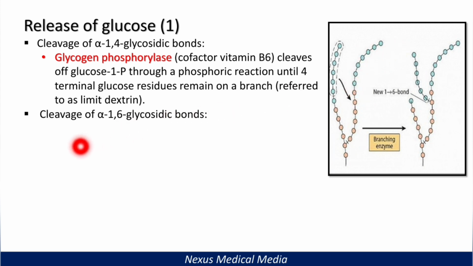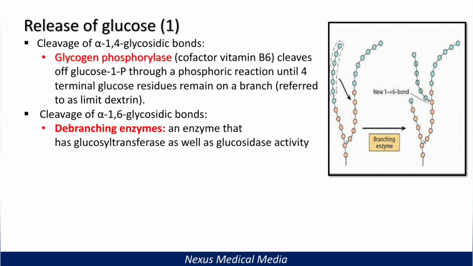Then the second step is to remove these branches, cleavage of the alpha 1,6 glycosidic bond. This is done by the debranching enzyme because they have been formed by a branching enzyme. So it's just a reverse. Debranching enzyme is an enzyme that has a glucosyltransferase as well as glucosidase activity.